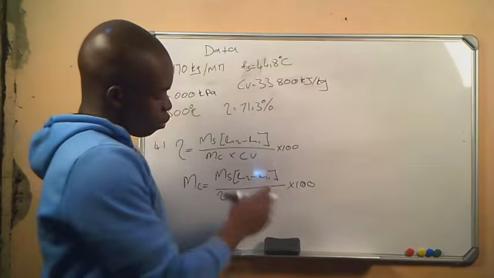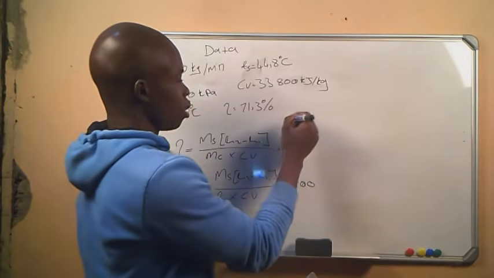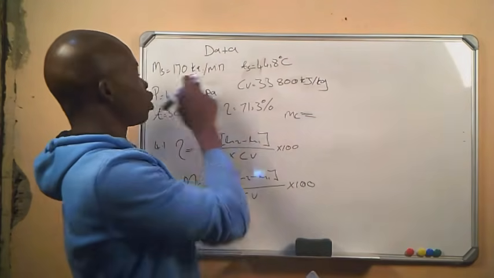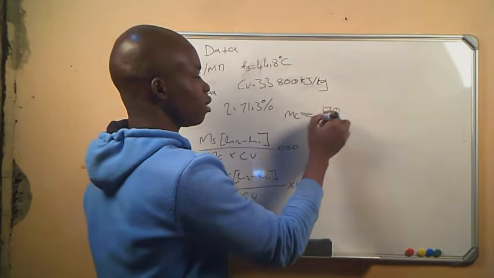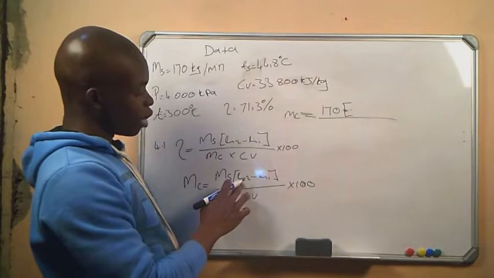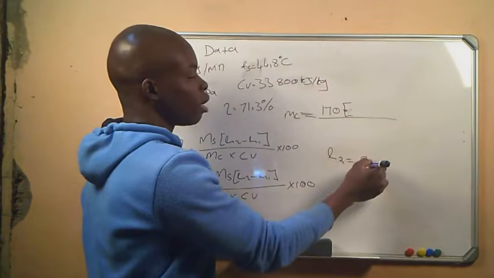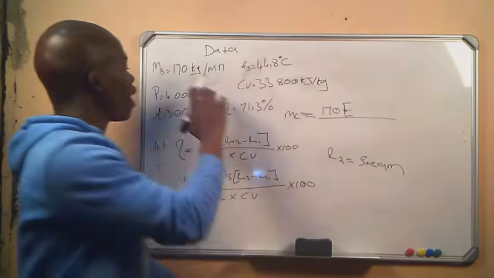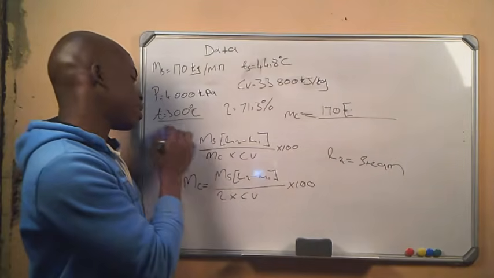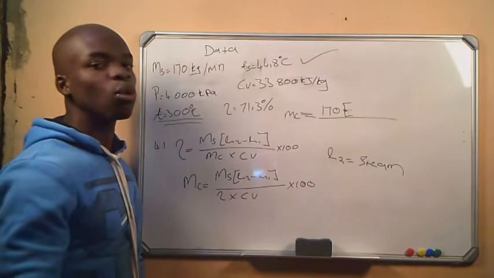So we can go ahead and substitute our values. The mass of coal will be given by the mass of steam, which is 170. And then we have H2, the enthalpy of the steam that is going to form. From our previous video, we know that the only steam with a temperature above the saturation temperature is superheated steam.